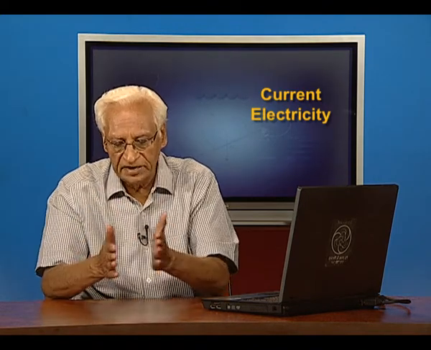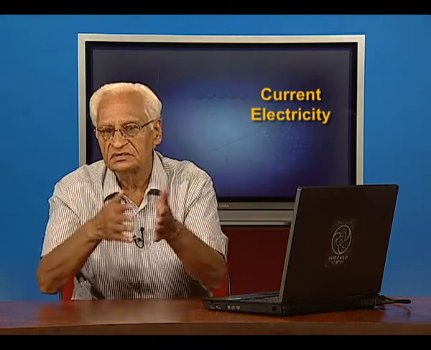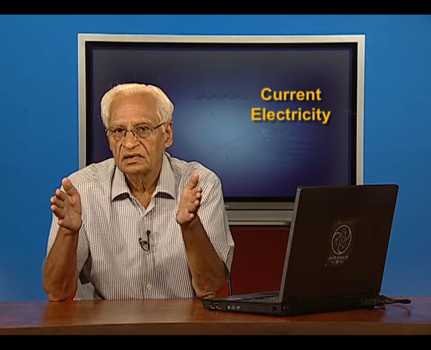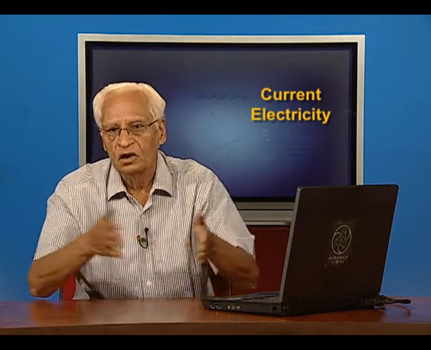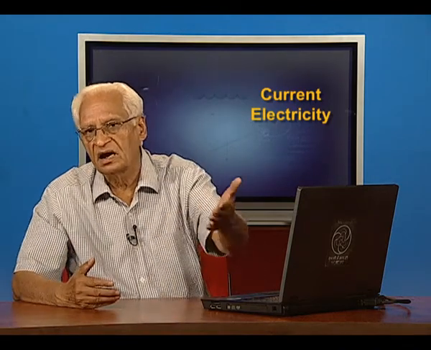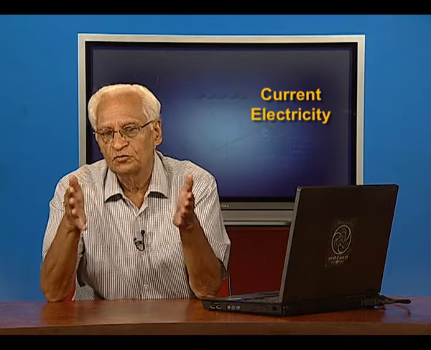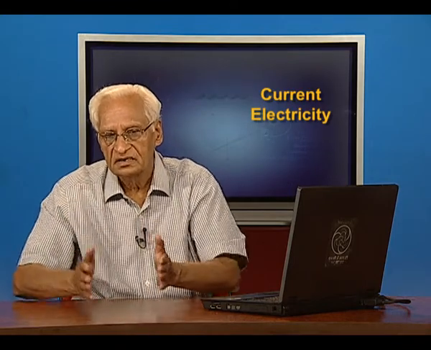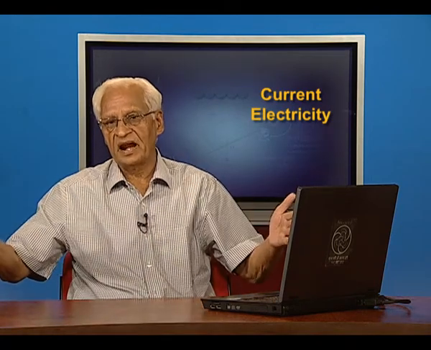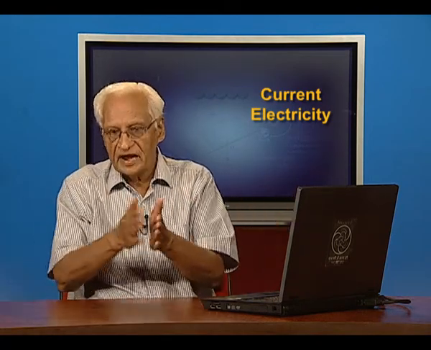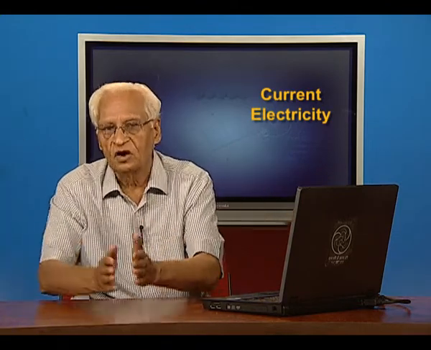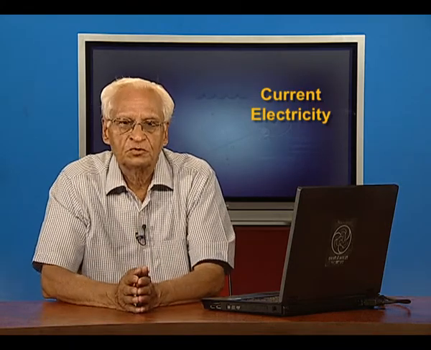That is why all dry cells that we use daily, AA or AAA type, have the same voltage 1.5, and all batteries used in inverters or in cars, each one of them has voltage 2 volts, because of again the chemical reaction that goes on. But when we add such things in parallel, it is as if we are adding the material in them, and therefore, the capacity in a parallel combination gets boosted.